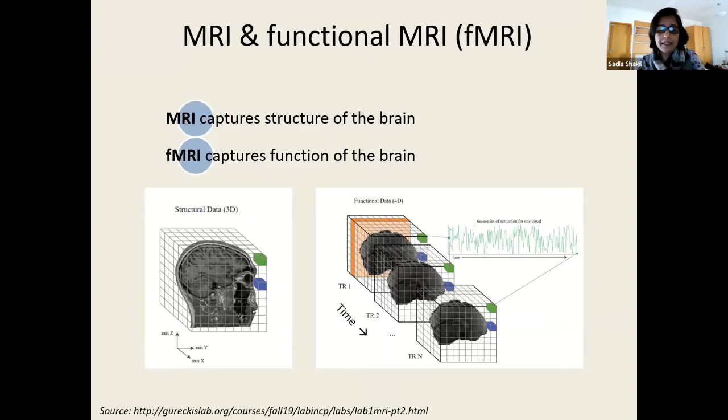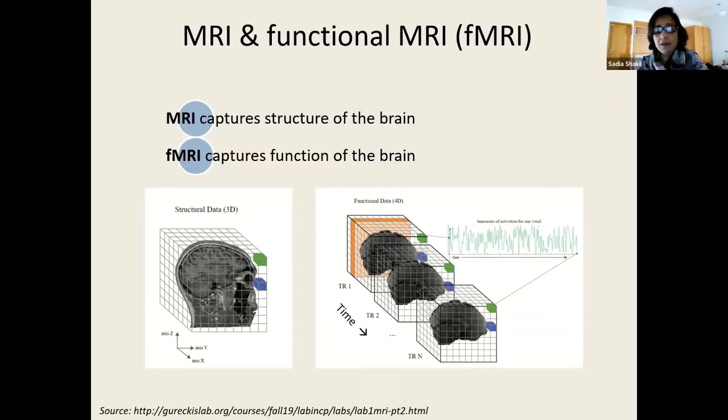In the case of MRI, the purpose of taking the scan is to have an image that has different intensities to show different parts of the brain, the structure of the brain, for example, gray matter, white matter, and the fluid that is inside the brain.